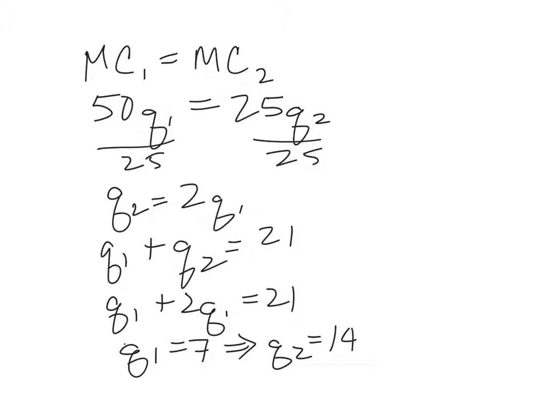Now the question asks what per unit charge. And remember our framework. I'm going to just back up a moment. What we're looking for then is the marginal cost for firm 1 or firm 2. They should be equal. So 50 times Q1 is 50 times 7. That's 350. So MC1 is equal to 350.